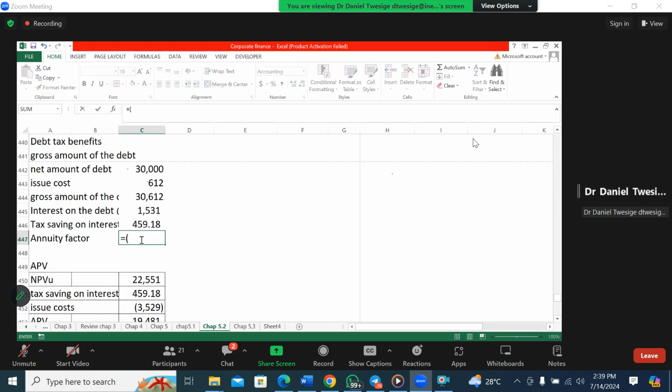And it was 1 minus (1 plus 0.05) power minus 3, divided by 0.05. Yeah, that's what we should take.